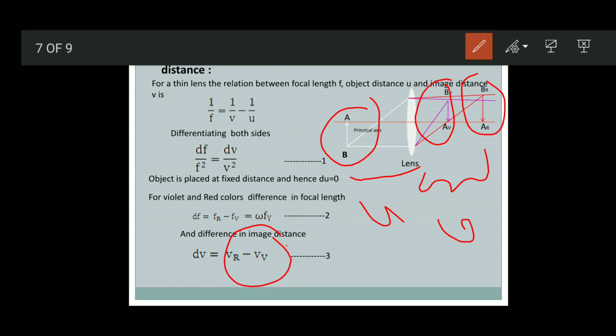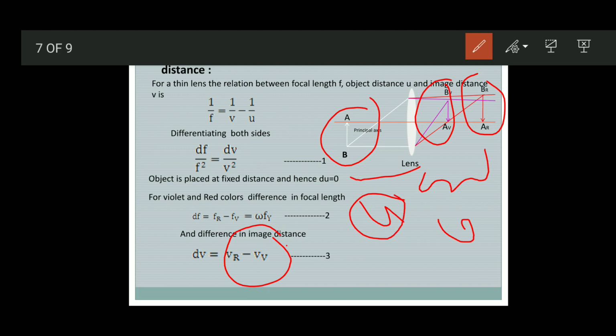So for this case, we have to differentiate the above equation, that is 1 by f is equal to 1 by v minus 1 by u. When differentiating both sides, we know differentiation of 1 by f is equal to minus df by f square, and differentiation of 1 by v is equal to minus dv by v square, and differentiation of 1 by u is equal to 0, because u is the object distance that is constant.